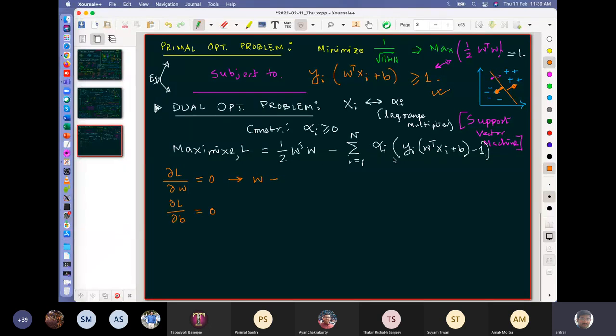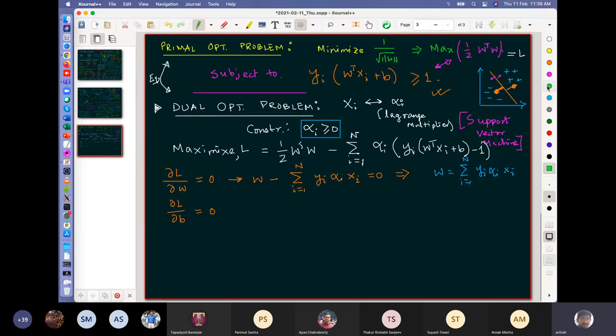Similarly alpha i yi with 1 will also give you 0. Taking the derivative of the inside term only, you will get nothing but yi alpha i xi. So this is 0, which implies finally my W is the sum of yi alpha i xi. Remember our alpha i's are constrained to be greater than or equal to 0.